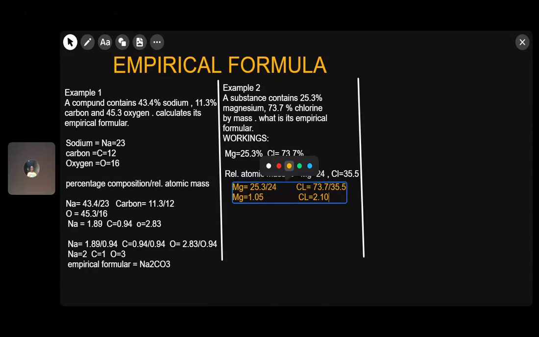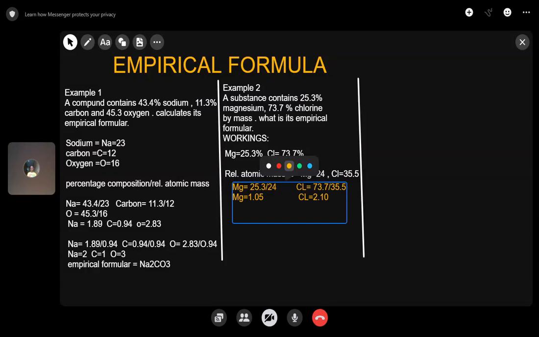As we all know, we're going to divide by the smallest value. Which is the smallest value? Magnesium, 1.05, is the smallest. So let's divide each by 1.05.